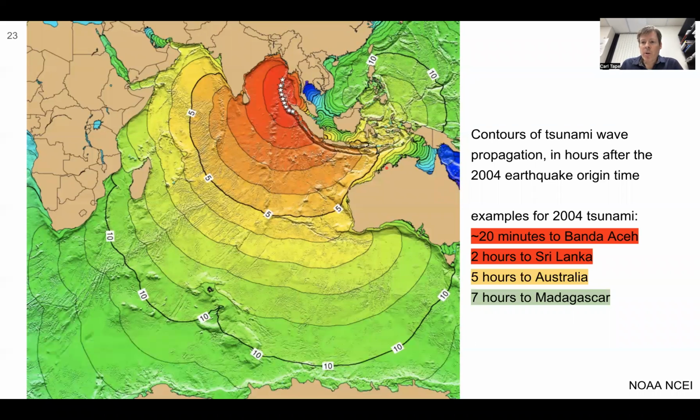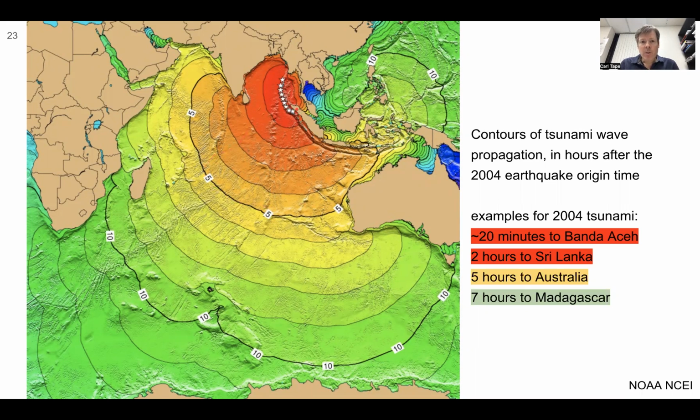This shows the contours of tsunami wave propagation in hours after the 2004 earthquake origin time. So the earthquake originated near these stars propagating from south to north. And this shows in red, these are in hours. So 5 hours, 4, 3, 2, 1. It was about 20 minutes to Banda Aceh following the shaking right here.